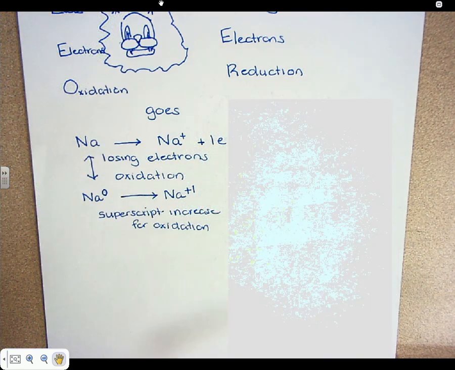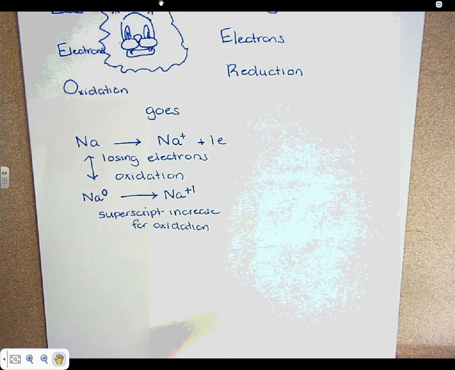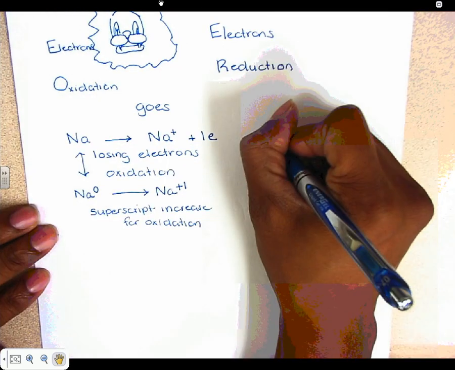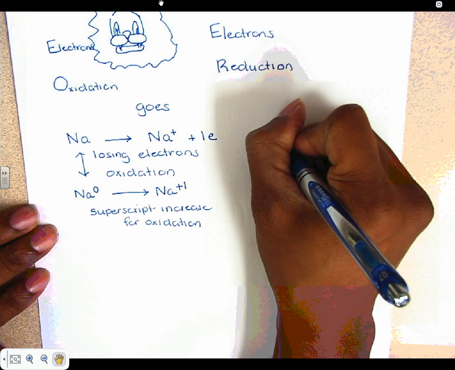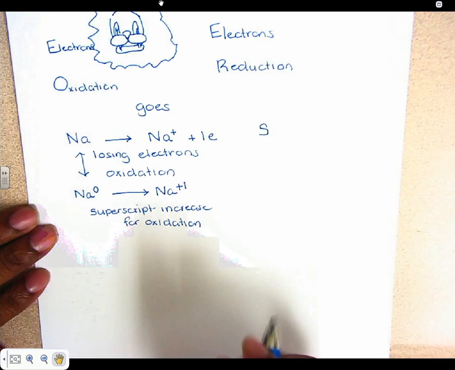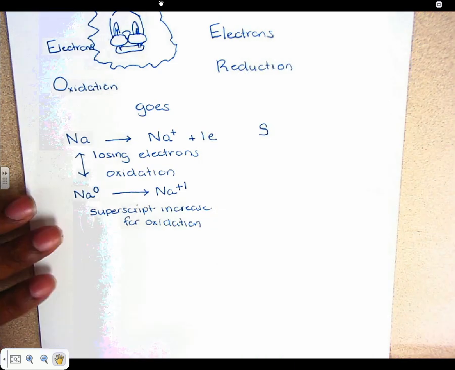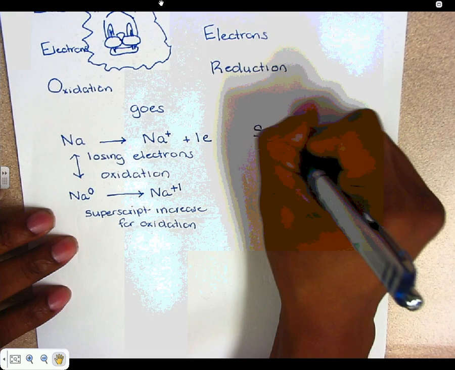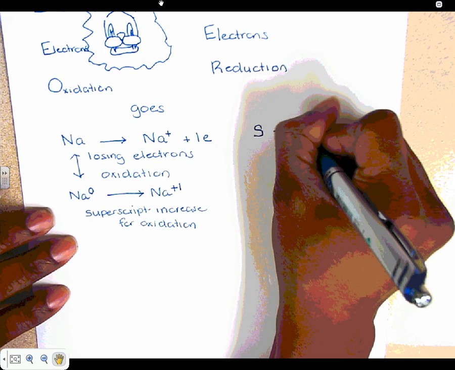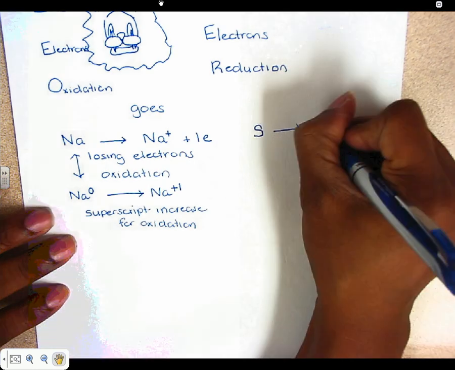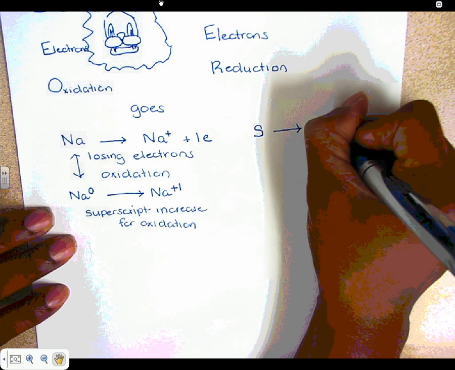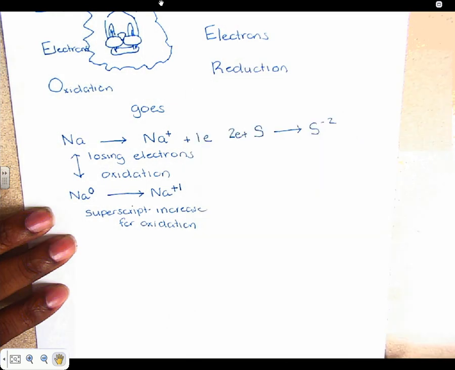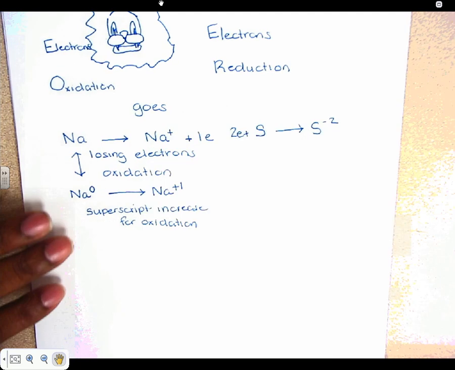Now, if we want to take a look at reduction, this guy is sulfur, neutral sulfur. It will become this, but it must get the aid of this. So that 2e is going to represent my two electrons.